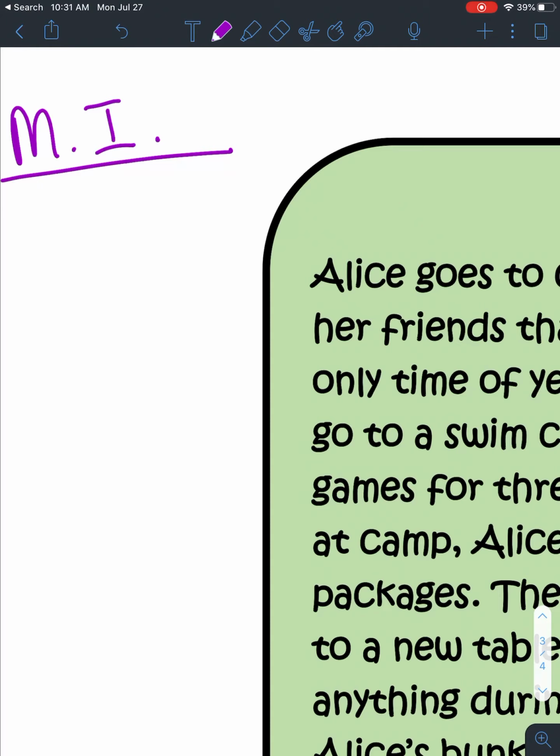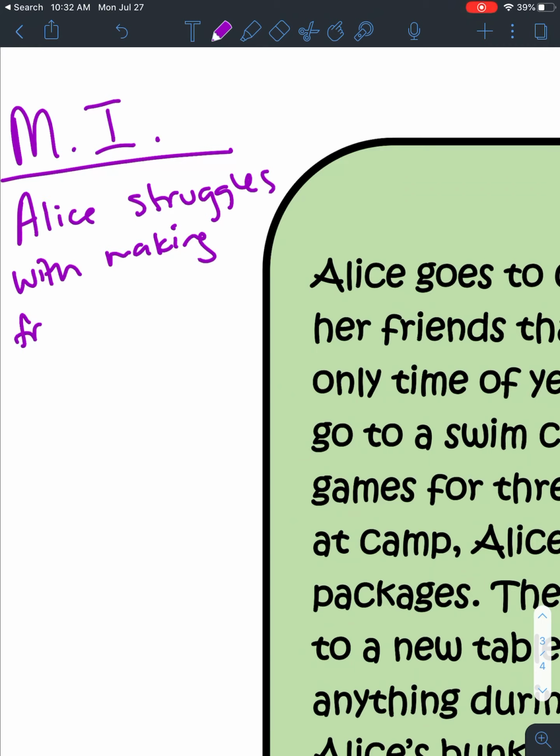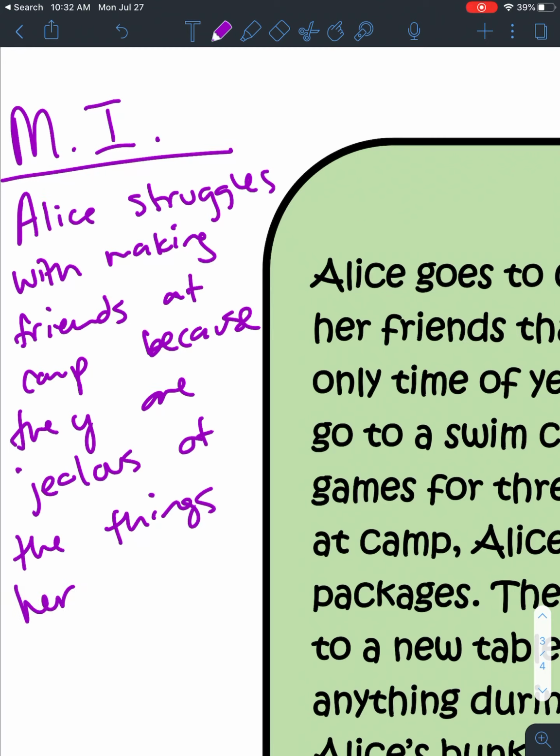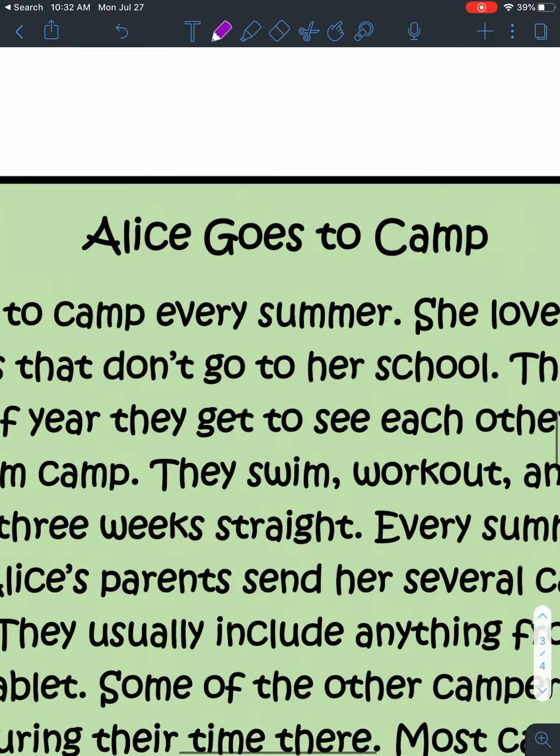So the main idea of this story is Alice struggles with making friends at camp because they are jealous of the things her parents send her. So that's a decent kind of summary of what the story is about. And remember, the main idea is like a summary.